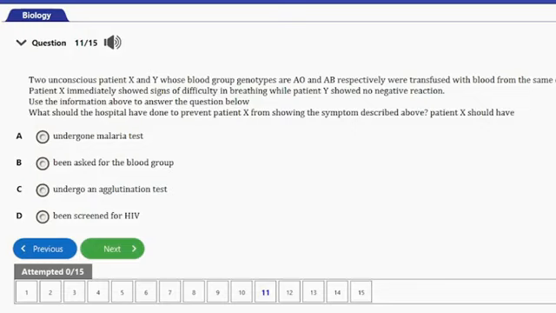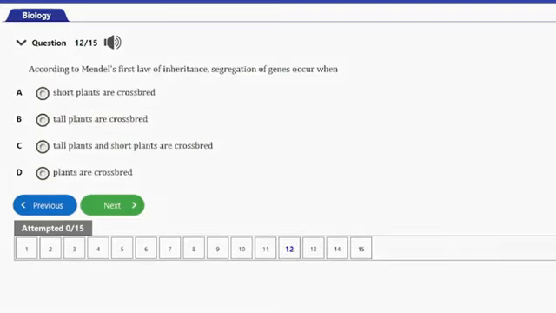So these tests enable us to ascertain compatibility of the donor's blood to that of the recipient's blood. And if this test was actually done, the compatibility of the blood would have been obtained earlier on. So that's it for that question. Option C is the answer. Let's consider the next question.